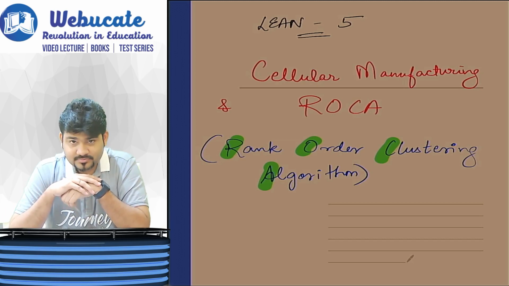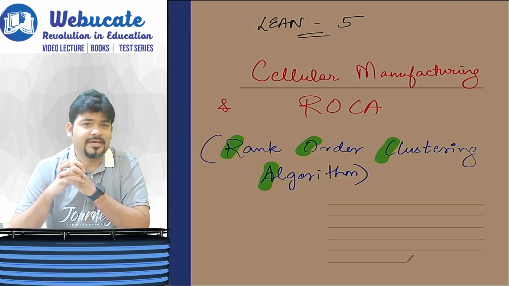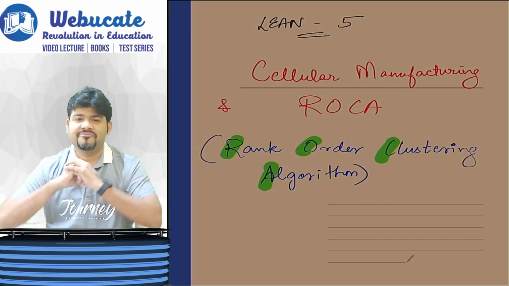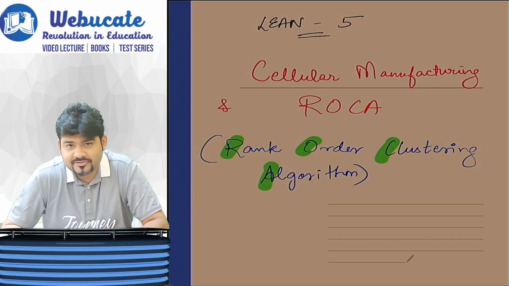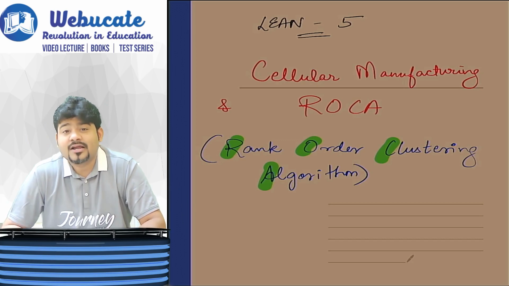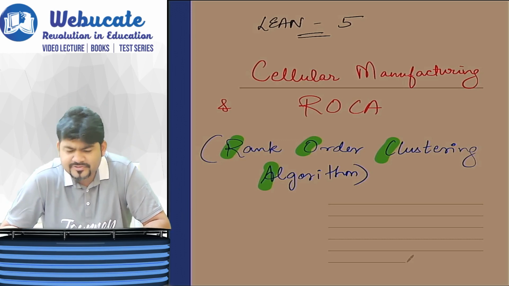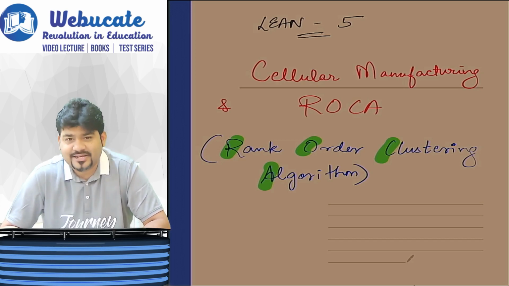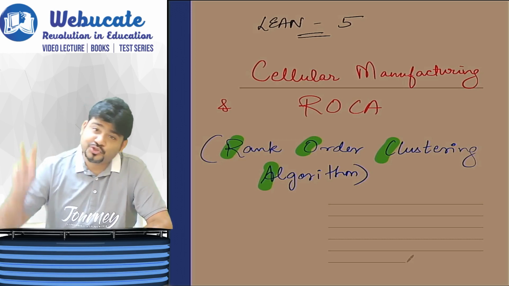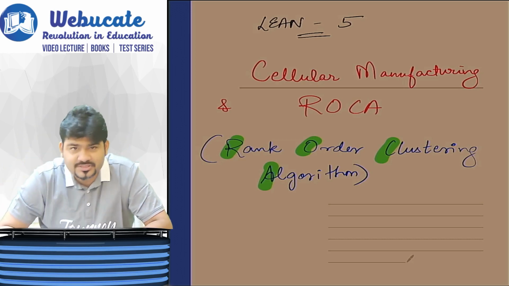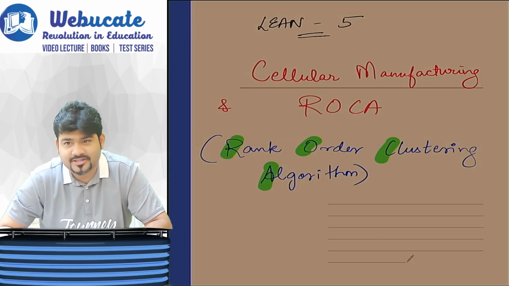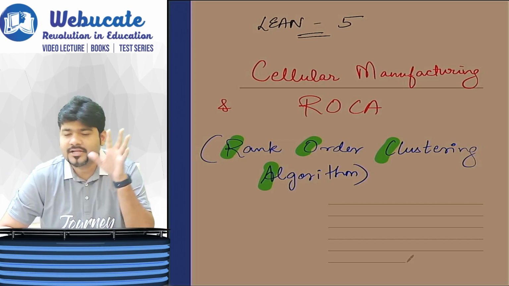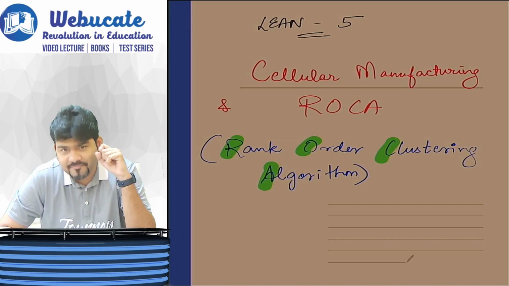ICAI, through its RTP of May 2021, introduced a phenomenal concept of the rank order clustering algorithm, which is an extension of Lean 5, that is called cellular manufacturing. Then they introduced two special sums of rank order clustering algorithm, and what fantastic sums they were.